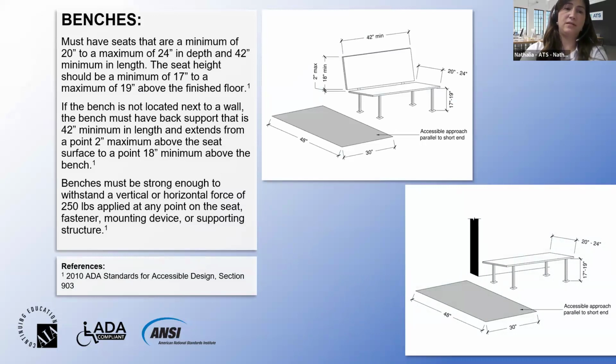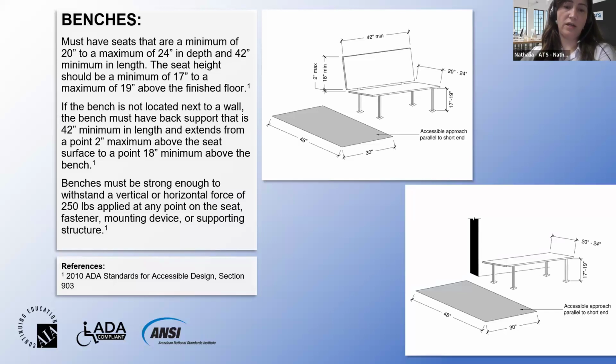The seats should have a minimum of 20 inches to a maximum of 24 inches in depth and 42 inches in length. The seat height should be a minimum of 17 inches to a maximum of 19 inches above the finished floor.